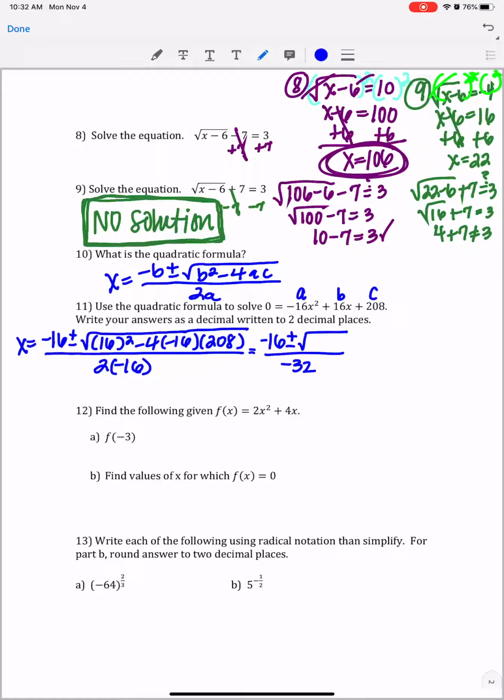So in our calculator, we are putting 16 squared minus 4 times a times c. No radical, because I have that radical right here. Okay, so put that in your calculator.